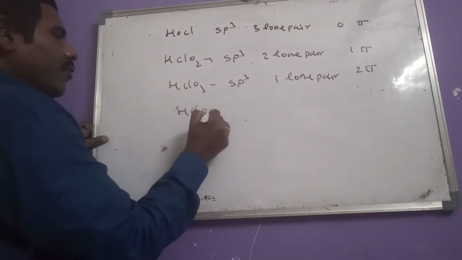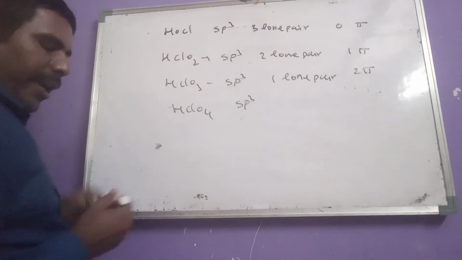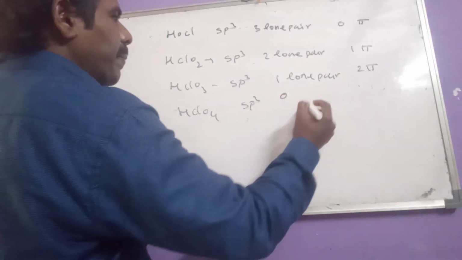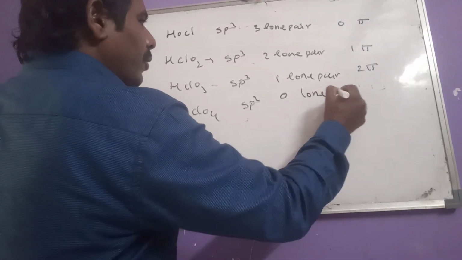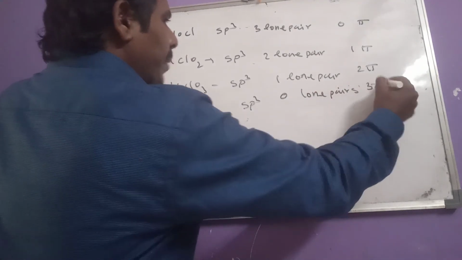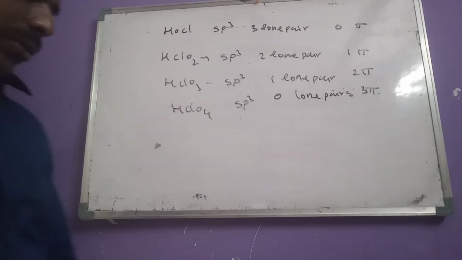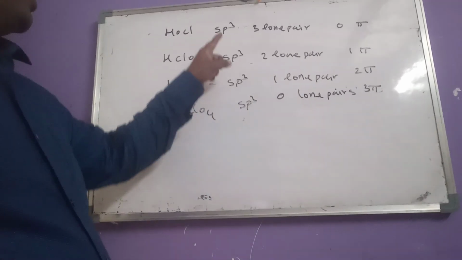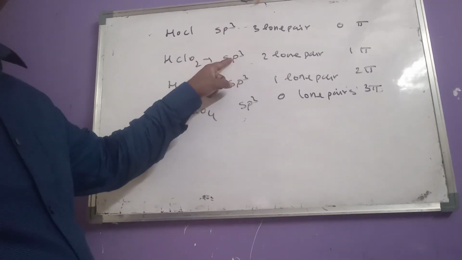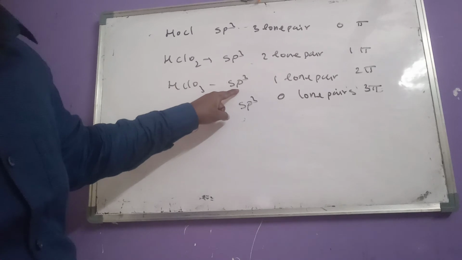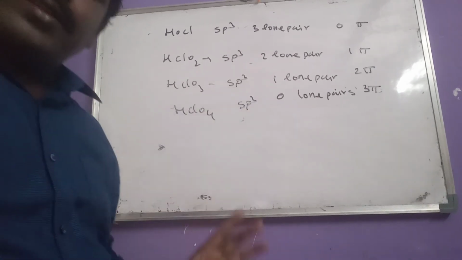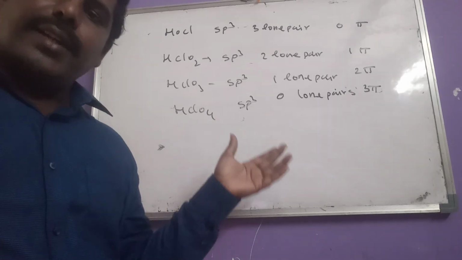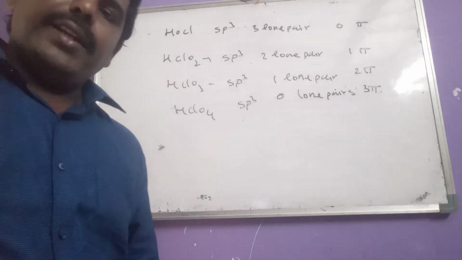And in HClO4, again sp3 hybridization, zero lone pairs, and three pi bonds are present. The questions may be given regarding hybridization, but in ground state, first excited state, second excited state, third excited state. So these are the oxy acids of chlorine.